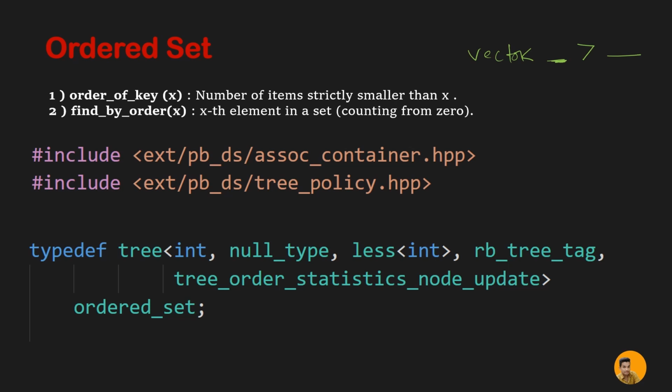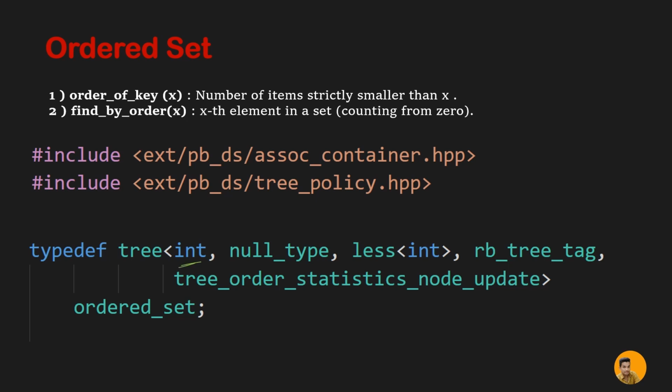So here if we do the comparison, we are writing tree, then we are defining this, and then we are giving a name to it. This first thing tells what type of keys you are going to use. It can be float, it can be a pair of integers.